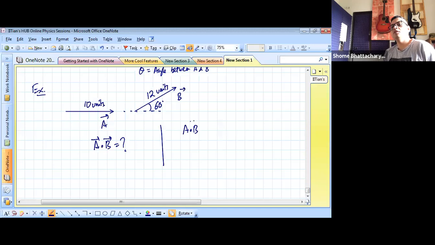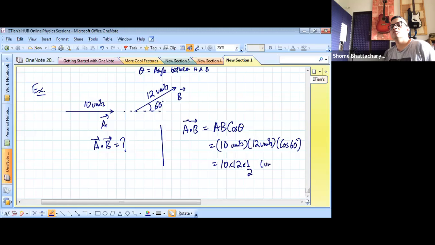A dot B will become A into B into cos of theta between them. So here it will be 10 units multiplied by 12 units, whatever that unit is, multiplied by cos of 60 degrees. So it will be 10 into 12 into half square. It will become 60 square units.